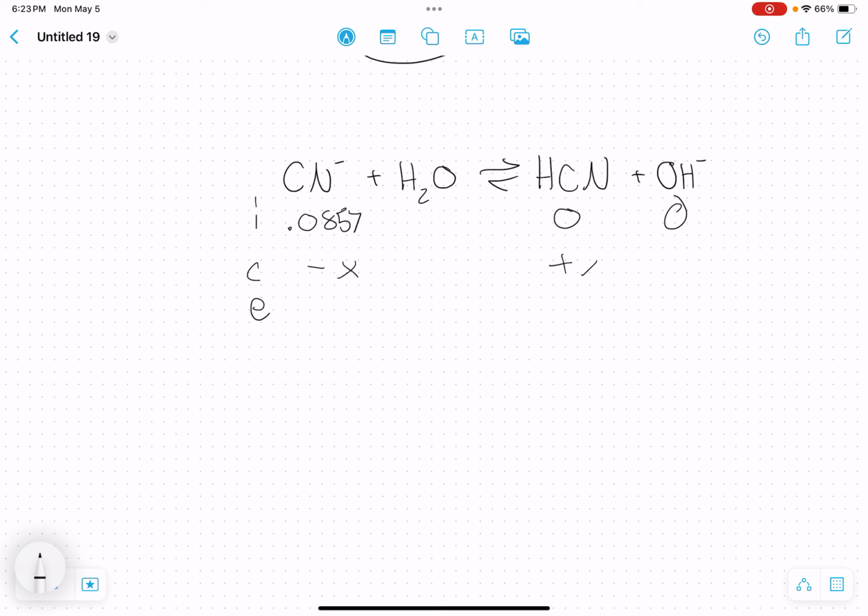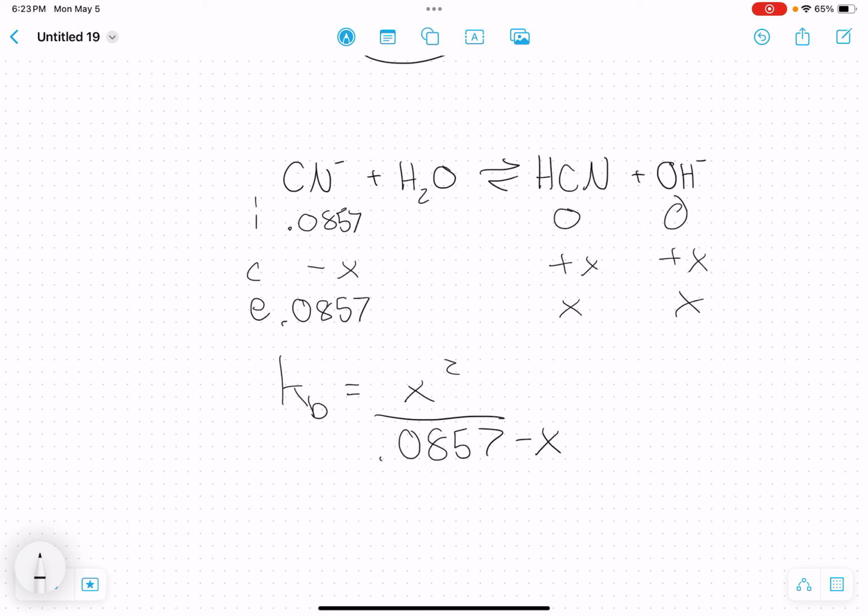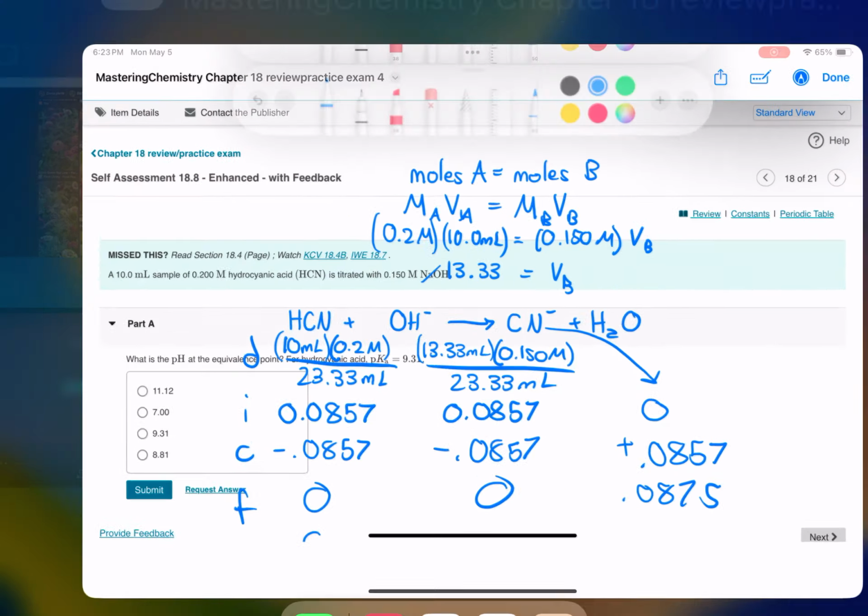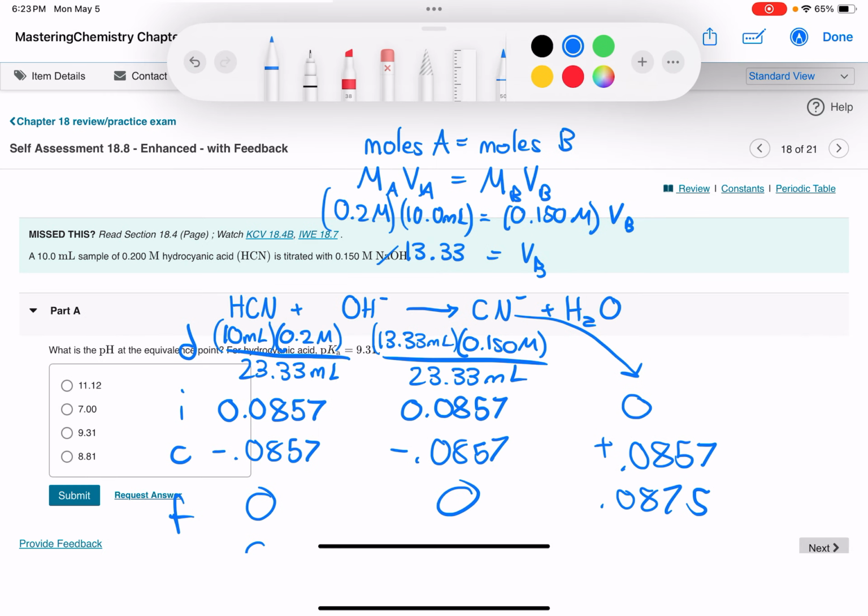Minus x, plus x, plus x. Kb is equal to x squared over 0.0857 minus x. I guess I do need to figure out what the Kb is before I say that x is small enough that I don't have to worry. So the question tells me that the pKa is 9.31.